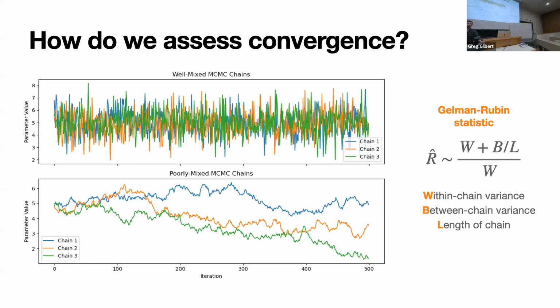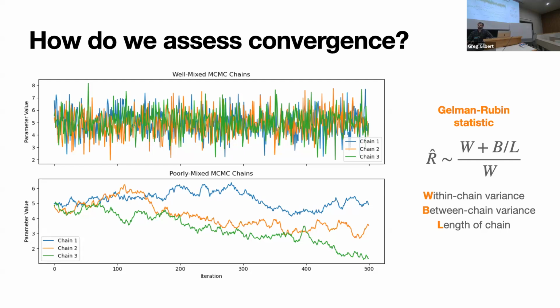Okay, and then the last test that we're going to want to do is to actually make sure that the chains themselves have converged. And the gold standard for doing this is the Gelman-Rubin statistic. And this is why we run more than one chain when we run our samplers, even for the ones that aren't ensemble samplers.